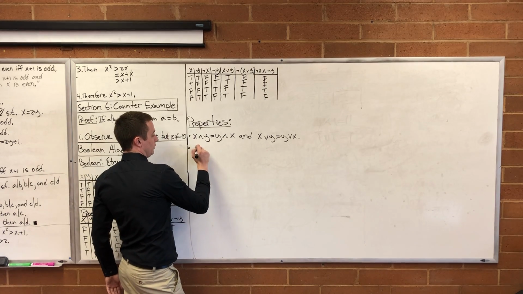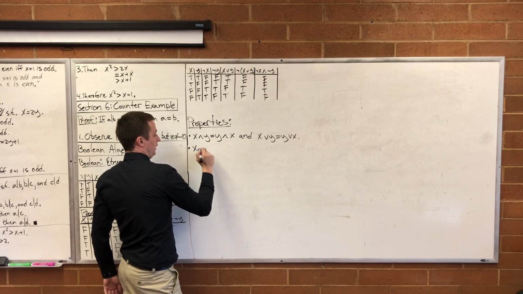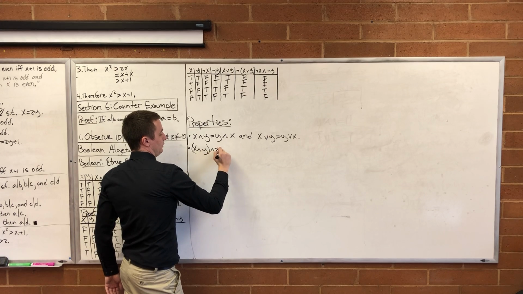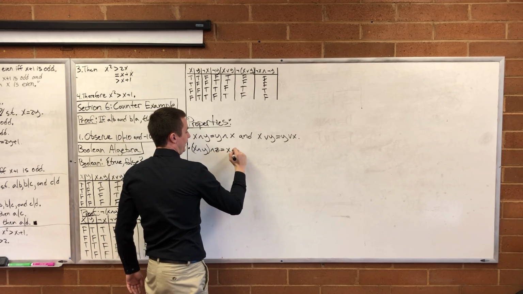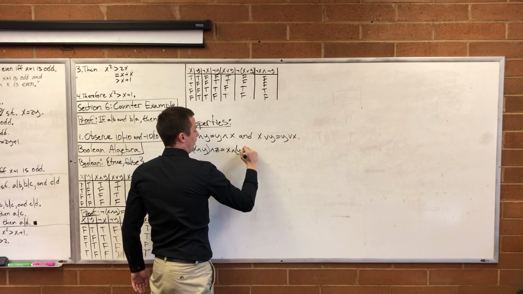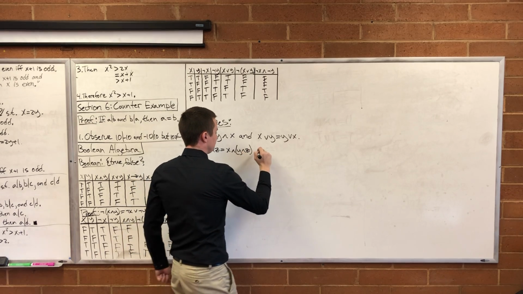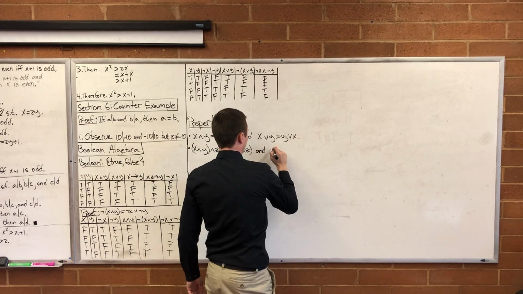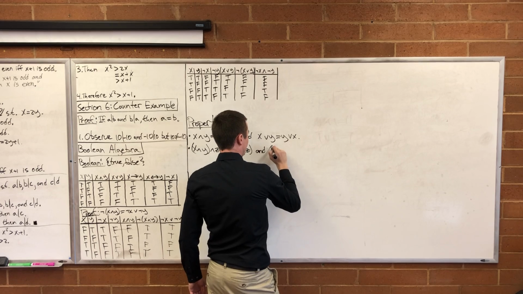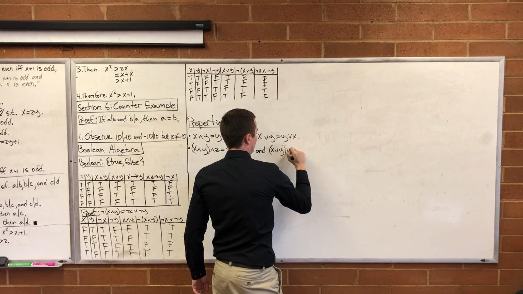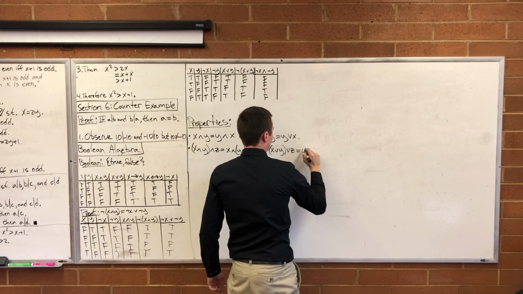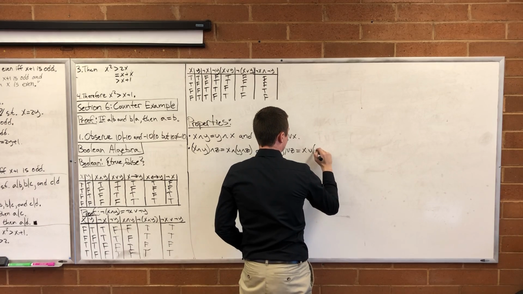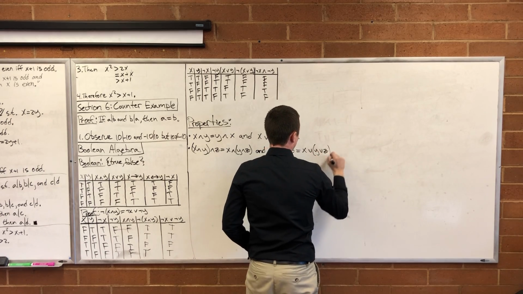Next, we want (x and y) and z is equal to x and (y and z), and (x or y) or z is equal to x or (y or z).